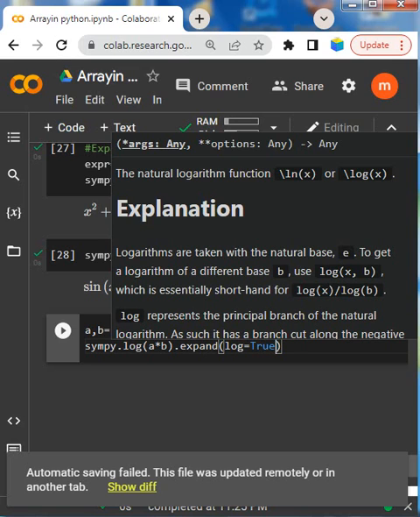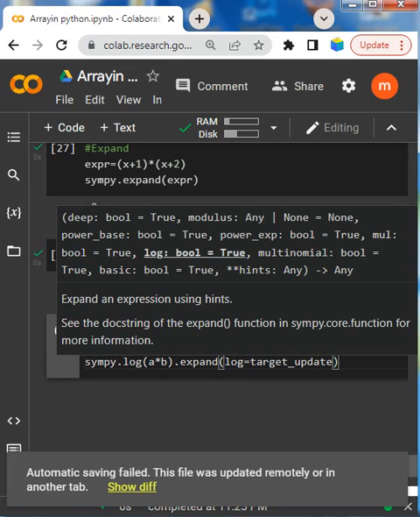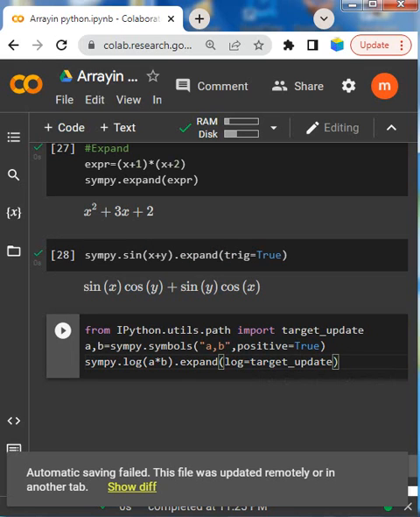So let's see what happened. It has been printed look like this. I think sympy.log is working look like this. So one minute, yeah, it has been printed.